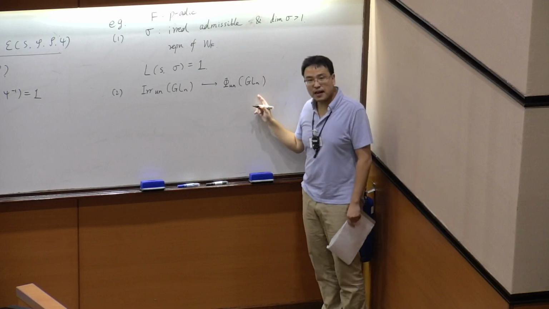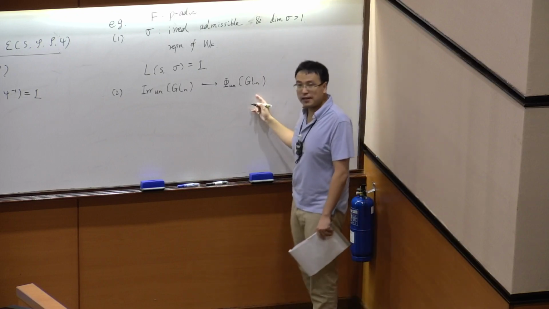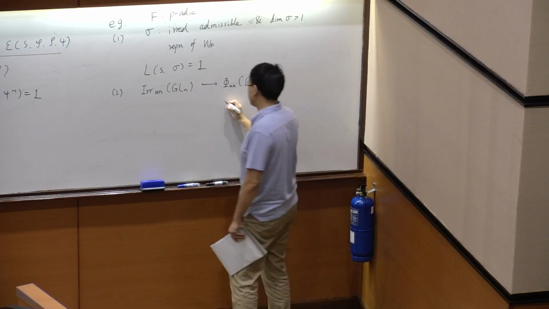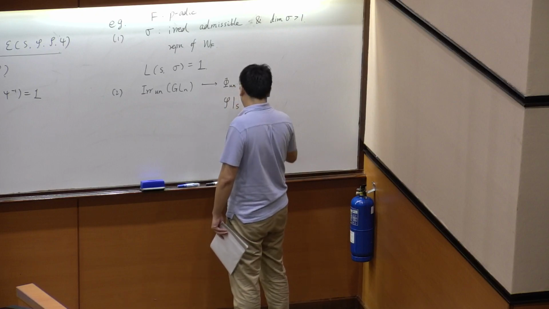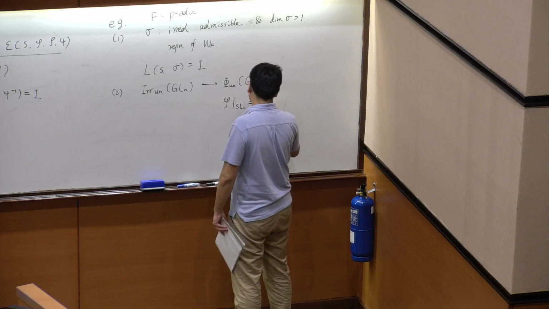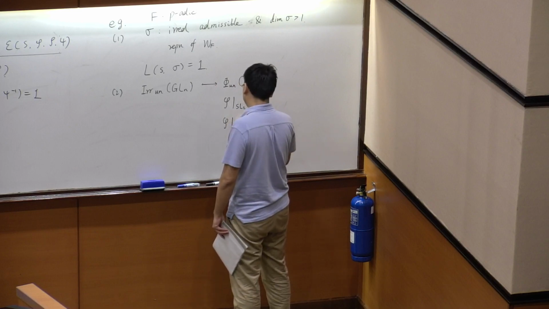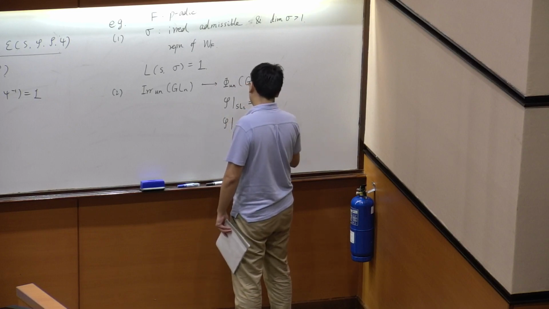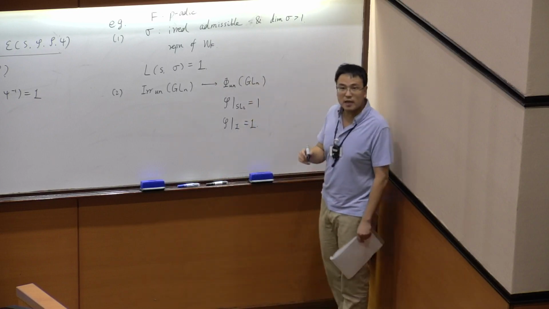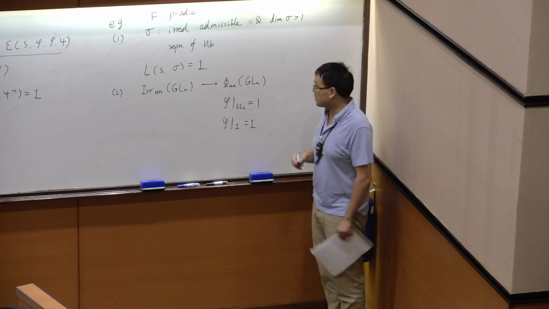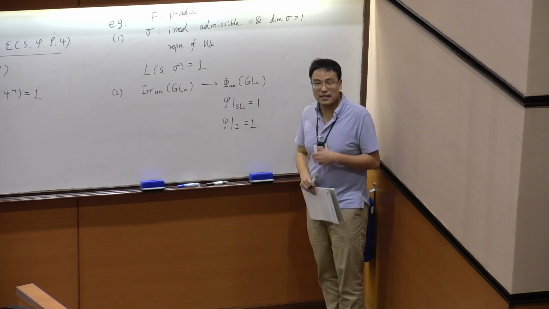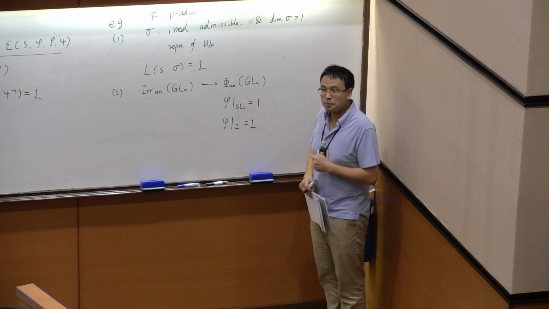For the unramified side, we know the unramified L parameter is the parameter such that phi restricted to the SL2 is trivial, and also phi restricted to the inertia is trivial. So essentially the L parameter is determined by the image of the Frobenius element.